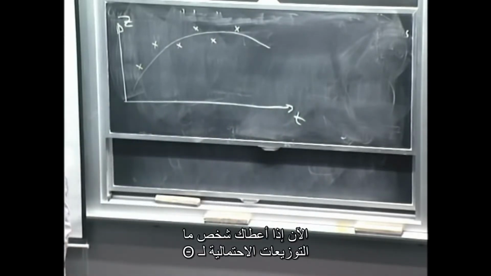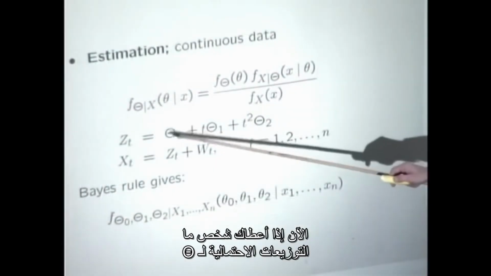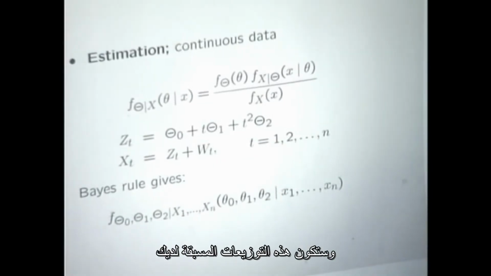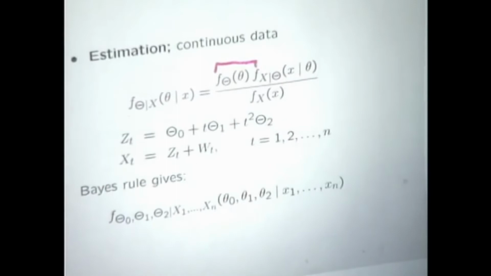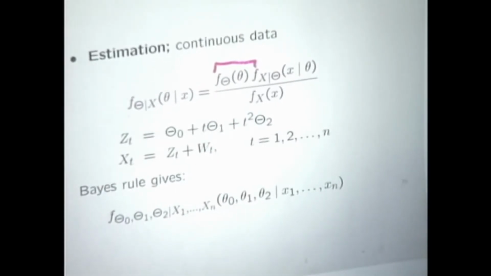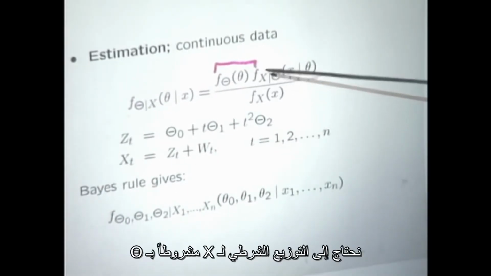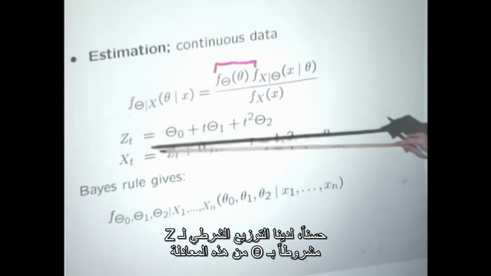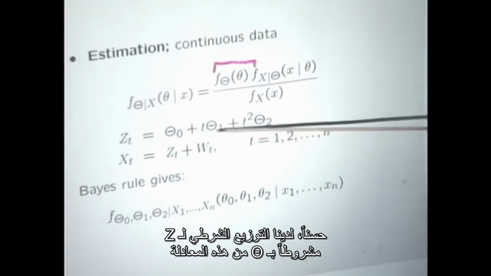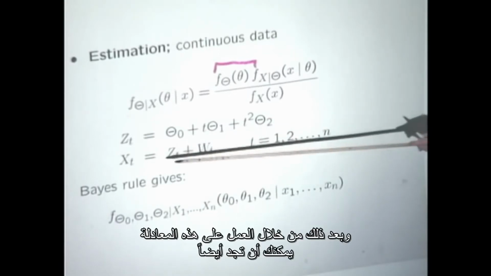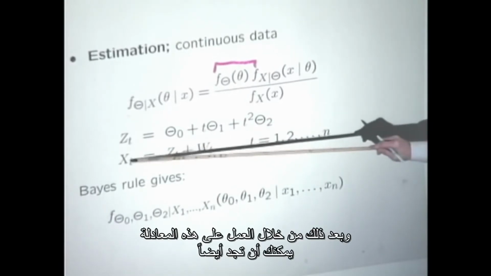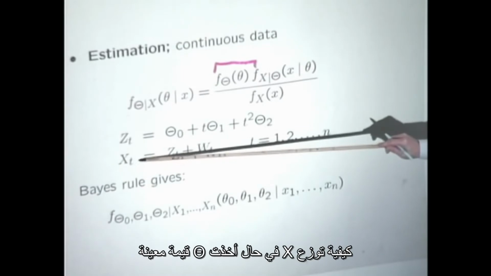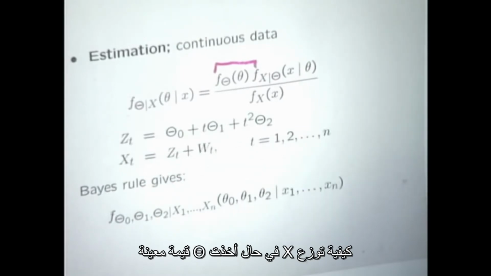Now, if somebody gives you probability distributions for theta, these would be your priors. So this is given. We need the conditional distribution of the x's given the thetas. Well, we have the conditional distribution of z given the thetas from this equation. And then by playing with this equation, you can also find how x is distributed if theta takes a particular value.